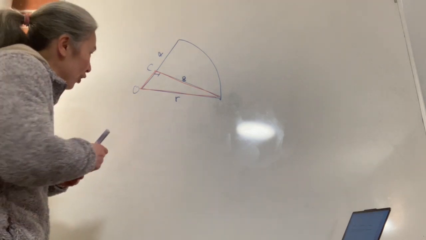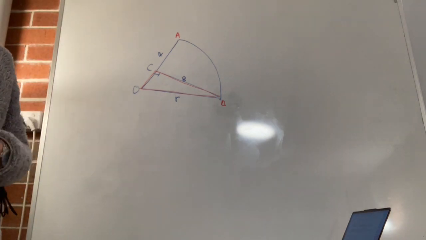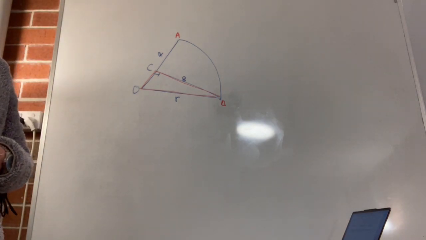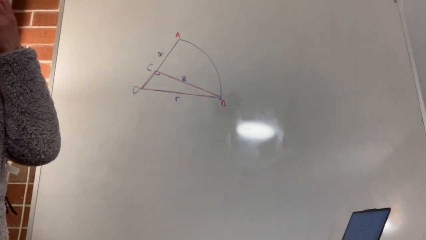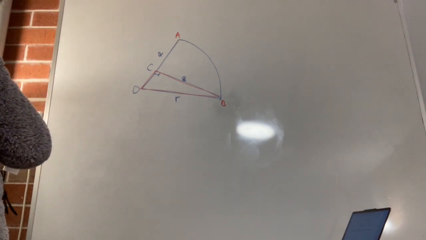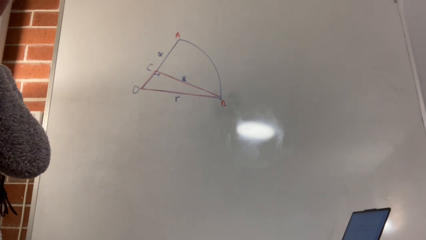What is the relationship between OA compared to OB? They are the distances of OA and OB. It has to be equal. Yes, OA and OB have to be equal.